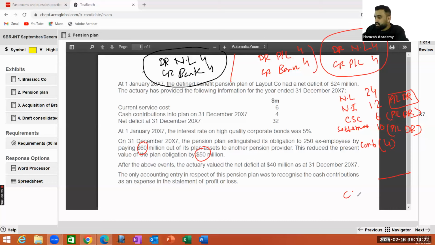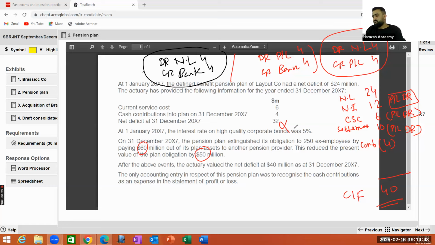And your closing liability will be 40 million US dollars, not 32, because in 40 they have considered the settlement. In 32 million they didn't consider the settlement, so it is irrelevant that the liability is 32. The actual liability according to the actuary is 40, in which they have considered the settlement.